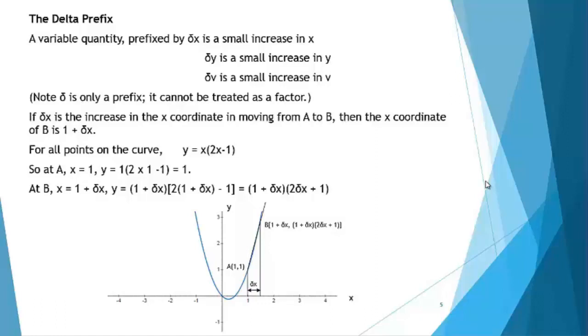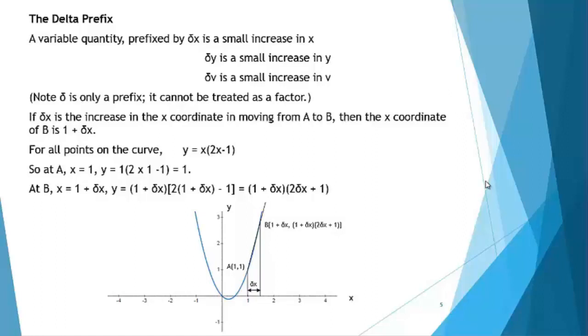And as there is an increment of delta x at point b, we get the x coordinate as 1 plus delta x, and by substituting 1 plus delta x in the equation, we get the y coordinate, which is (1 plus delta x) bracket 2 bracket 1 plus delta x take away 1. By simplifying the expression, we get 1 plus delta x bracket 2 delta x plus 1.